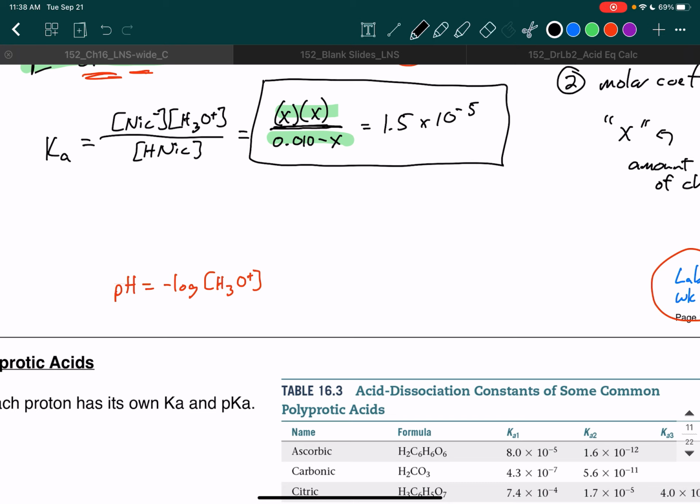Many of my students have pre-programmed that formula in, because the only two things that change are the concentration and the Ka value from one problem to the next. You just plug in those two values, and x is calculated for you. So you can take advantage of your calculators on the test.